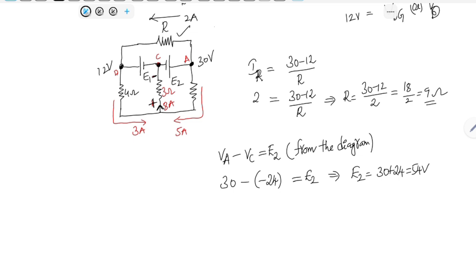So from the diagram, what we can say is E1 is nothing but the difference between node D and node C. So VD minus VC is equal to E1. What is VD? It is 12 minus of minus 24, is equal to E1. Now E1 is equal to 12 plus 24, which is equal to 36 volts.